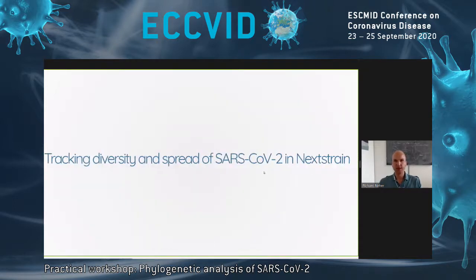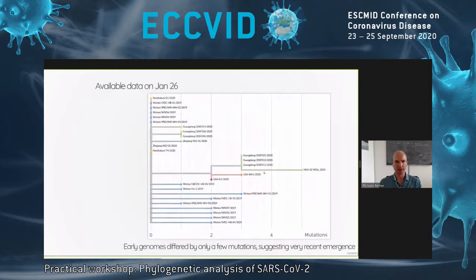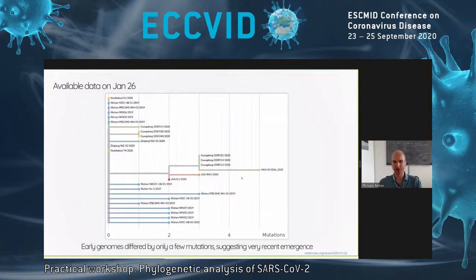Now, we've been tracking this diversity of SARS-CoV-2 since the very beginning, and at the very beginning, things looked more or less like this. So this is a phylogenetic tree. It doesn't look much like a tree, but this is the state of affairs on January 26, when we had on the order of 20 genomes, and quite a big chunk of them ended up being at the root of the tree, at the very left, as I just discussed.